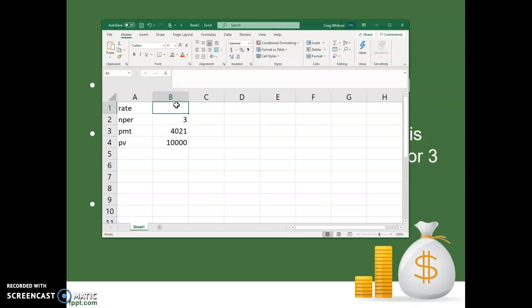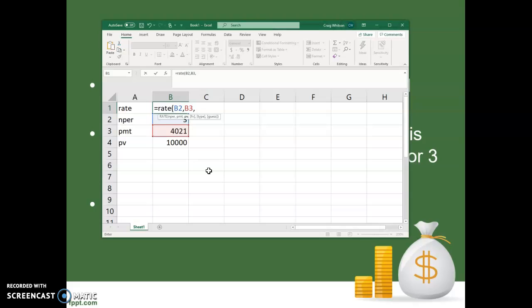So what is the rate of return on this investment? It's going to be equal to the rate function of number of periods 3, payments 4021, and the way Excel works, these need to be 2 different signs.